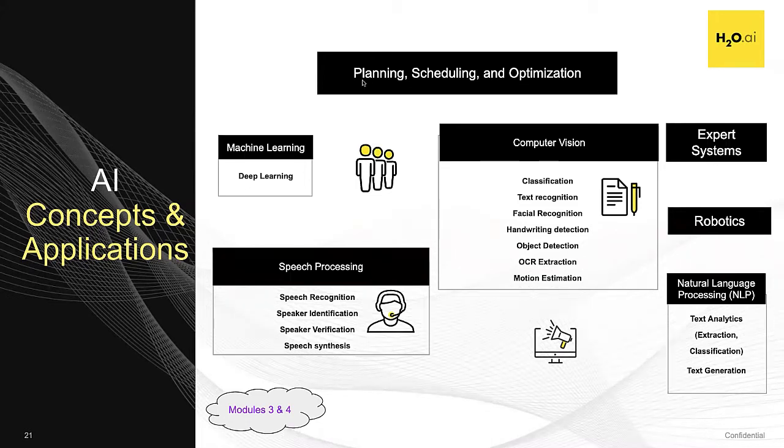But here, artificial intelligence can also be used for planning, scheduling, and optimization. Remember, I said we were going to talk about the word optimize frequently. So, when we talk about planning, scheduling, and optimization, a machine that uses planning is looking to see what steps to take.